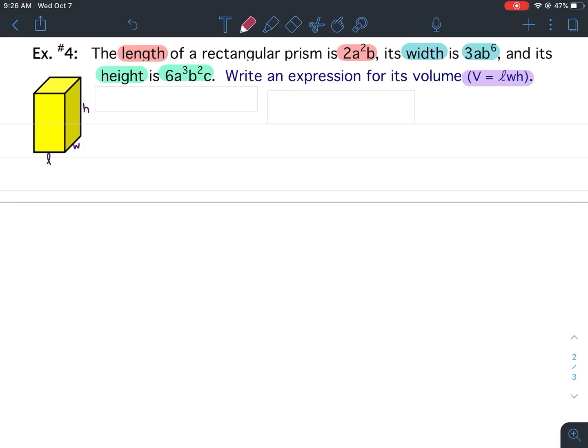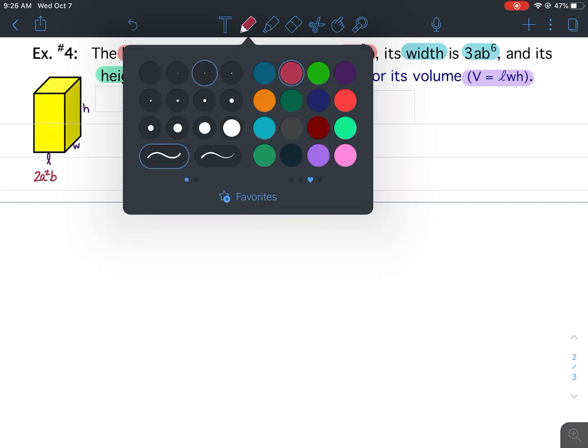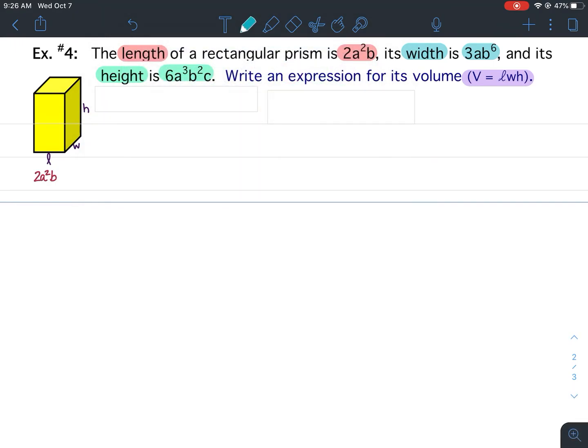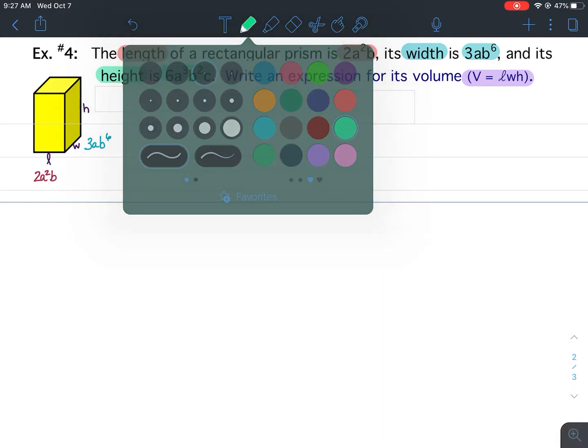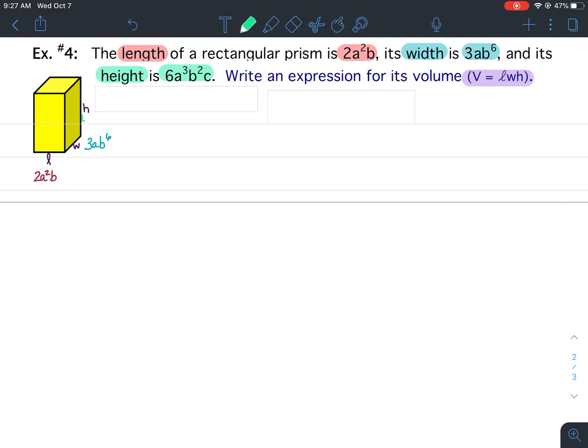All right, let's start with the fact that it says that the rectangular prism has a length of 2a squared b. It has a width of 3ab to the sixth, and a height of 6a cubed b squared c.